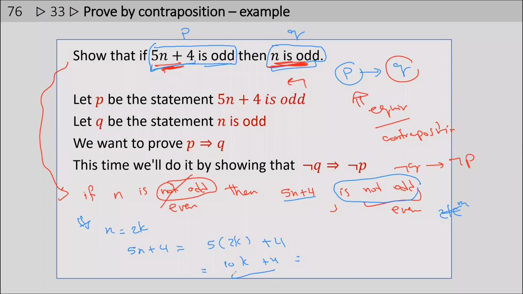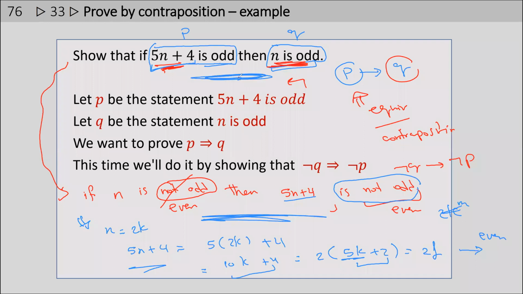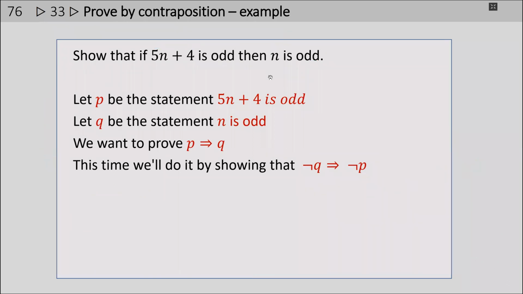So you can have 2 as a common value هنا and the remaining would be 5k plus 2. So 5k, an integer, added على 2 it's an integer also. So this is twice L where L is some integer which means that ده كله is even. So يا شباب أنت أثبتت الكونترابوزيتيف بتاعتها إنها true، يبقى هي كمان true. Okay, this is the contraposition يا شباب.